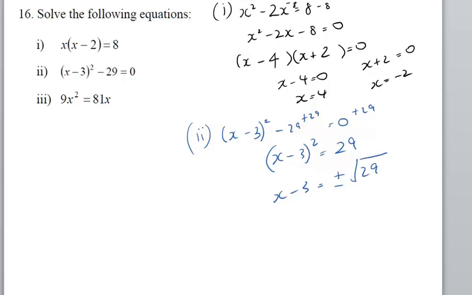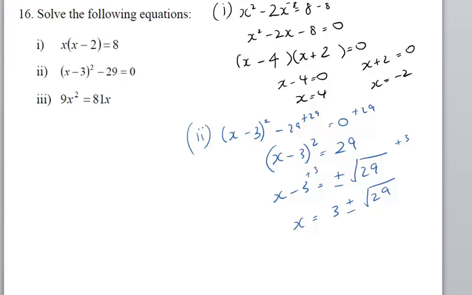So negative square root of 29 squared will give us positive 29, and same with positive there. So we've got positive or negative square root of 29. So here if we have x minus 3, we're going to add 3 to both sides. x will therefore be 3 plus or minus square root of 29.